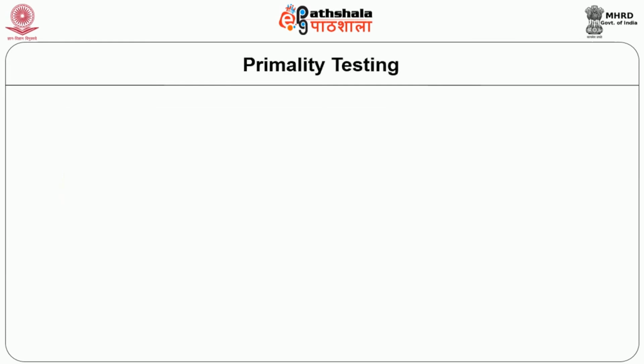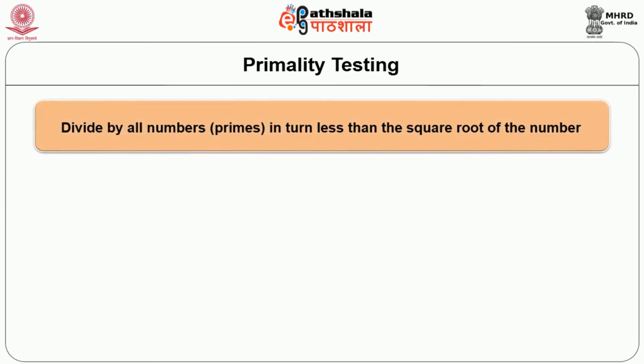We are going ahead with primality testing. What is the conventional approach? Divide by all numbers to start with. To check whether a given number is prime, divide it by all numbers in turn that are less than or equal to the square root of the given number.